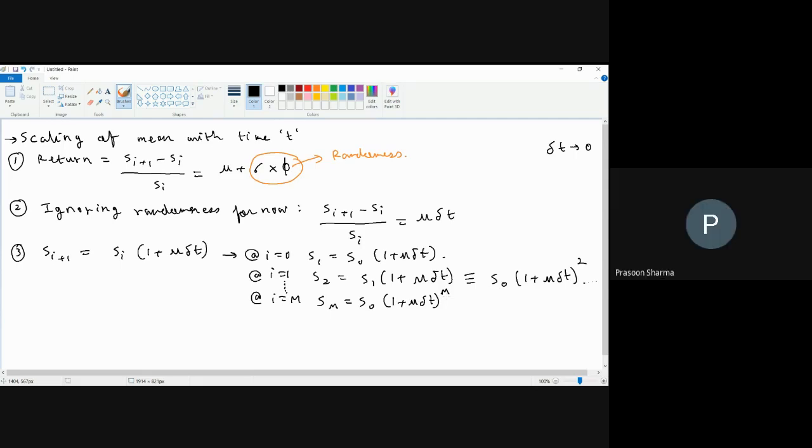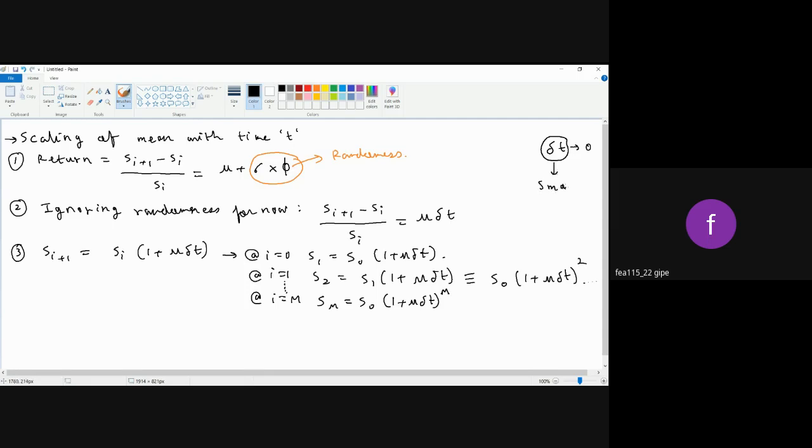Can you repeat what was delta t? Yeah, delta t was a very, very small time step which I'm looking at, because what I'm trying to understand is how my mean is going to vary with passage of time. To understand this passage of time, I'm taking very, very small time increments. So delta t is a small time increment.